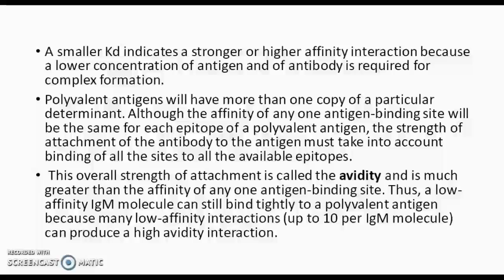Thus, a low affinity immunoglobulin molecule can still bind tightly to a polyvalent antigen, because many low affinity interactions, up to 10 per immunoglobulin molecule, can produce a high avidity interaction.